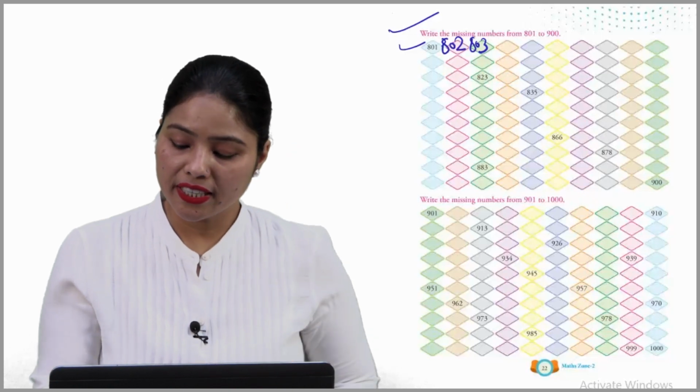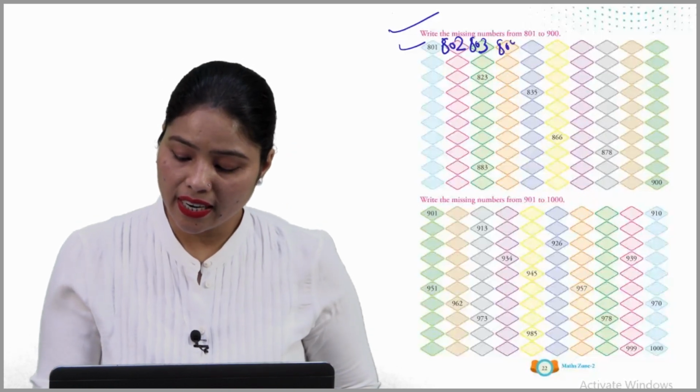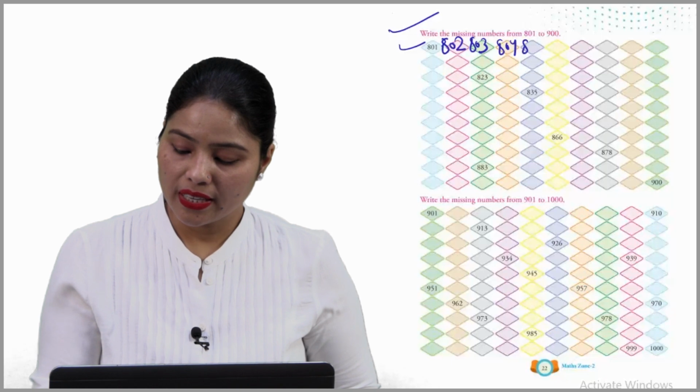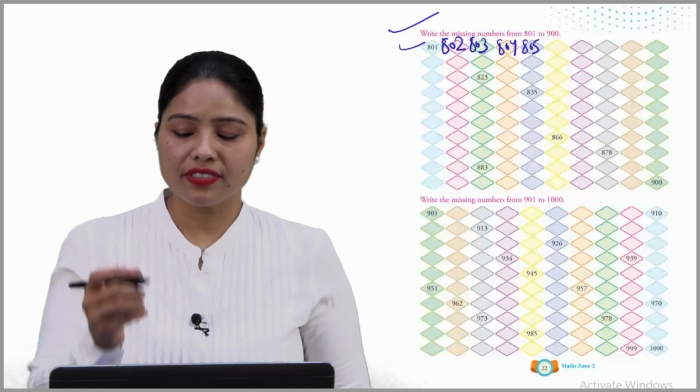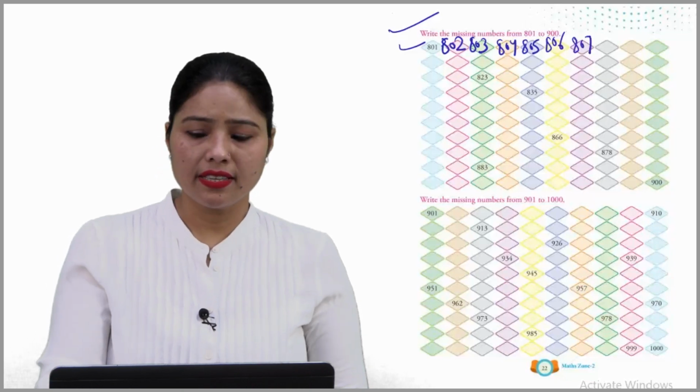After 801, 802. Okay. After 802, 803 comes. After 803, 804. Then 805 comes. Then 806. After that comes 807.